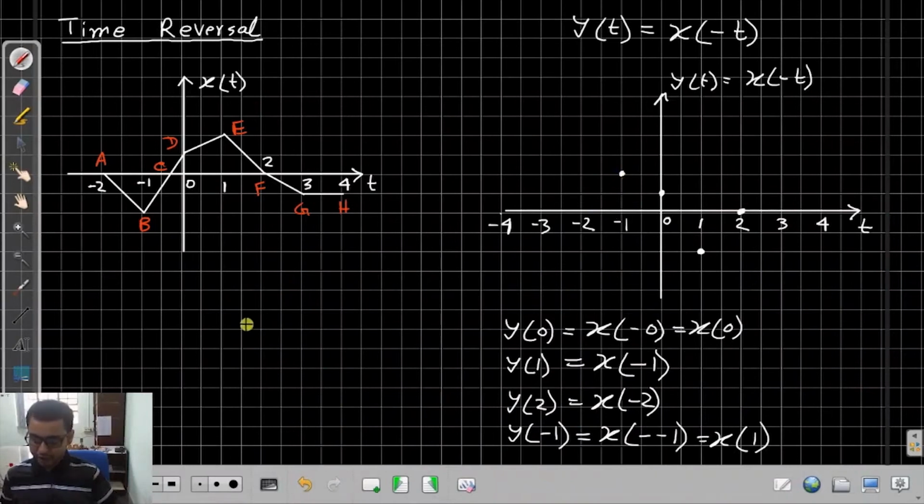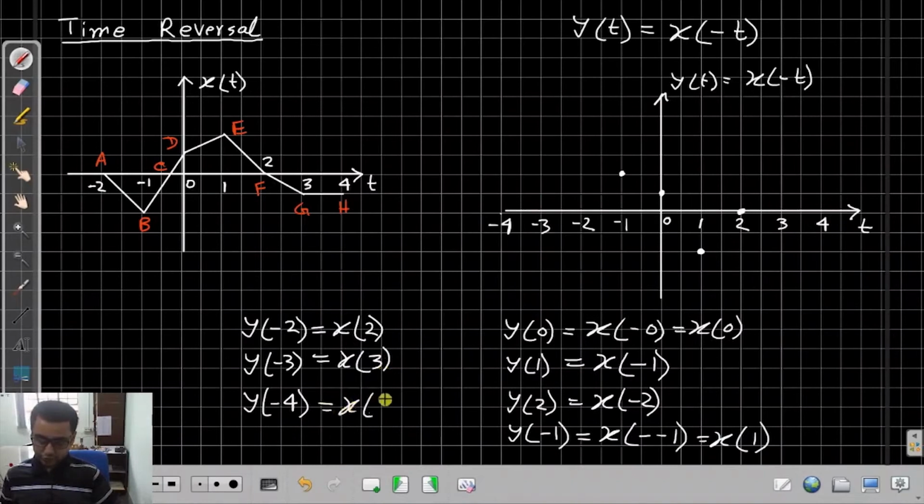If you continue like that, y of minus 2 will be the same as x of plus 2, y of minus 3 and y of minus 4 will be the same as x of 3 and x of 4 respectively.